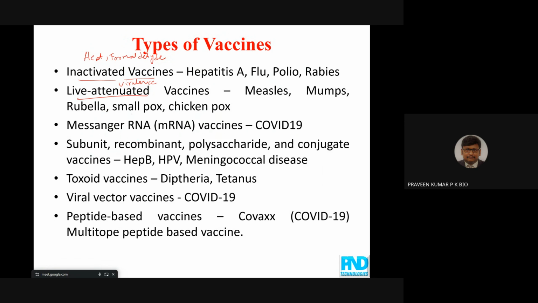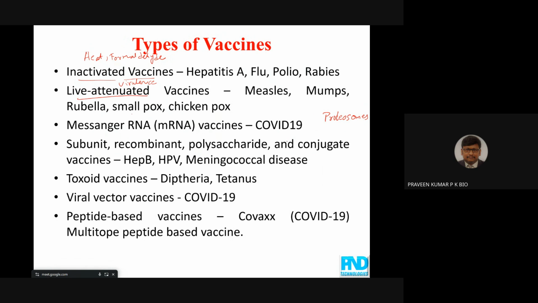Subunit vaccines use a part of a protein. If a virus gets inside our cell, our cell has a component called proteasomes, which are majorly responsible for degrading proteins.